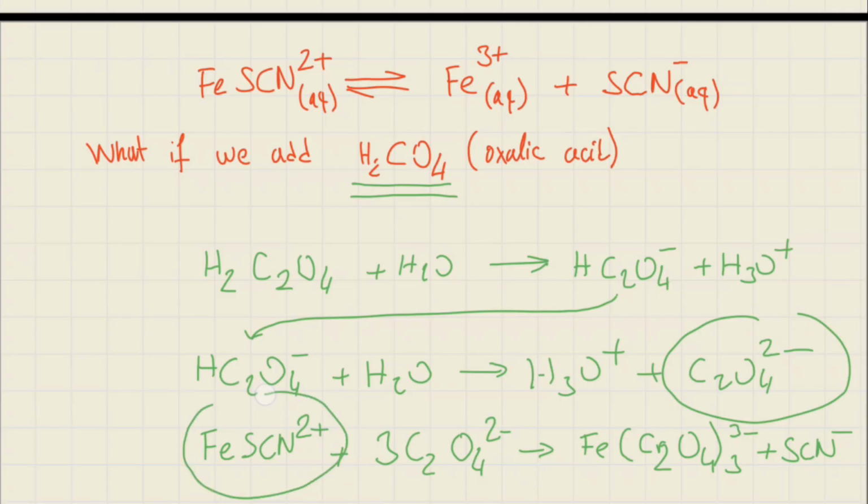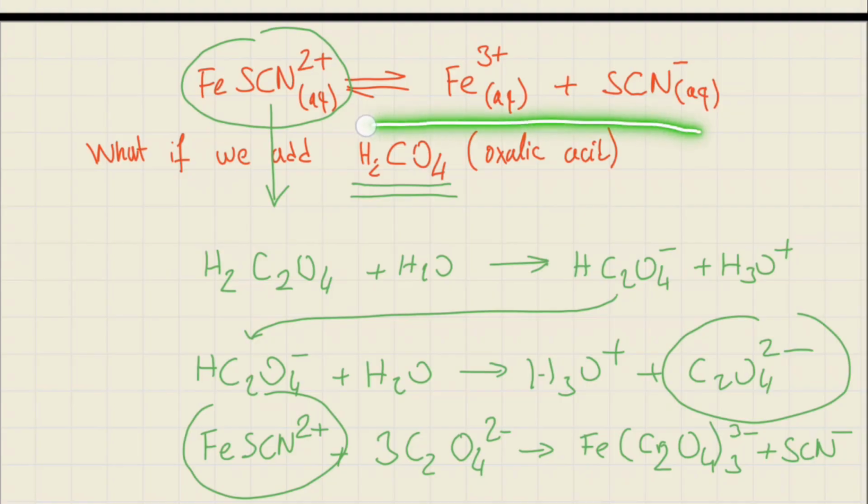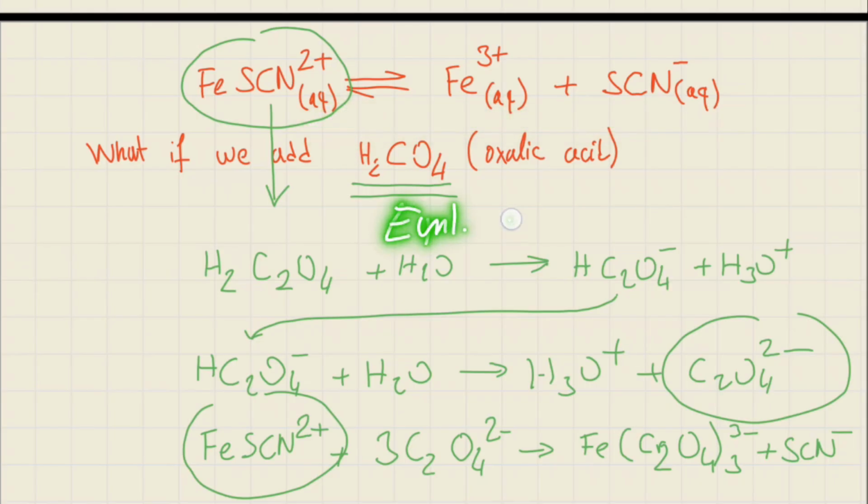So we deplete the iron thiocyanate, which means that the concentration of iron thiocyanate decreases, and there will be the opposite effect due to Le Chatelier's principle, and the equilibrium shifts to the right side.